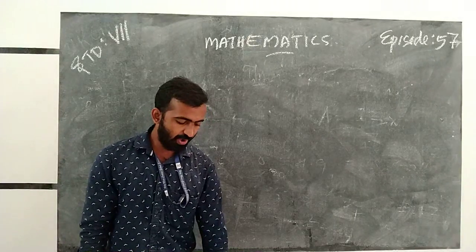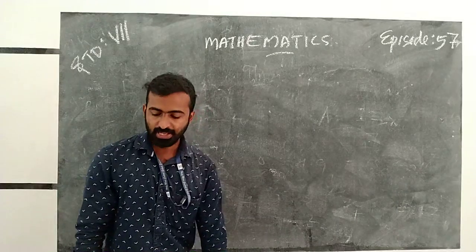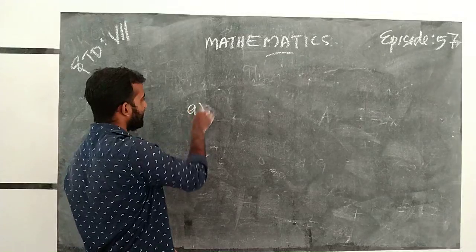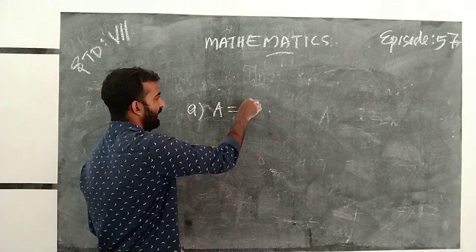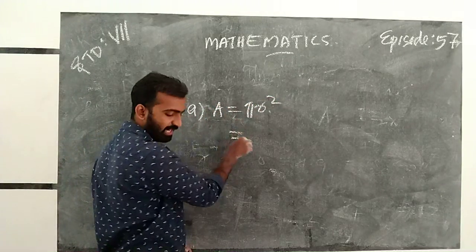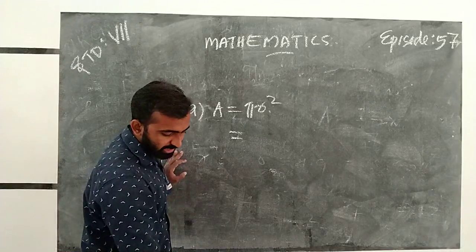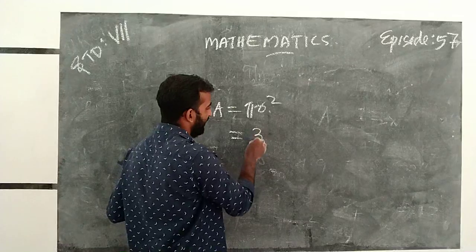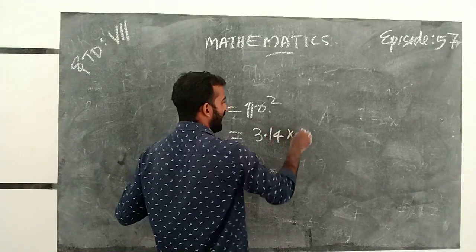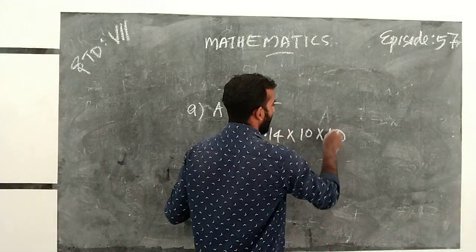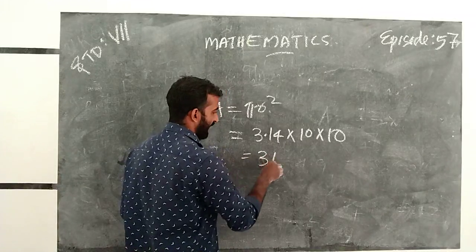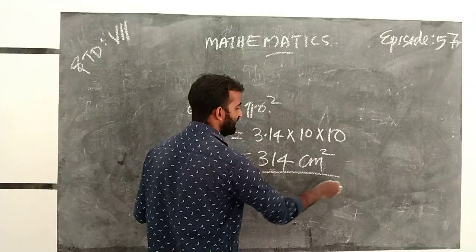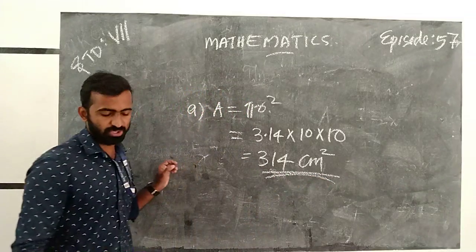Find the area of the large circle. That is part A. Area equal to pi r square. The radius of the large circle is 10 centimeters, so we take 3.14 into 10 into 10, that is 314 centimeters square. That is the answer to part A.